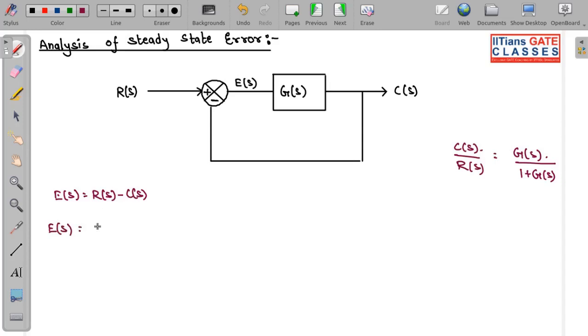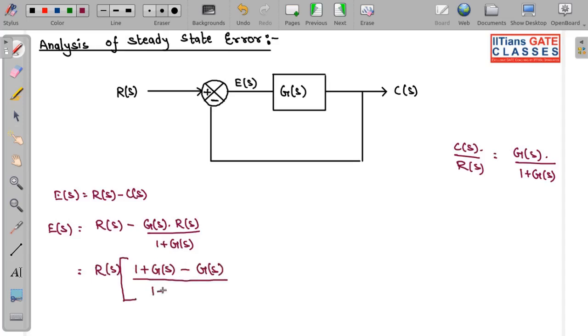E of S is equal to RS minus G of S into RS divided by 1 plus G of S. So this will be equal to RS, if we take common, 1 plus G of S minus G of S divided by 1 plus G of S. So GS cancel.